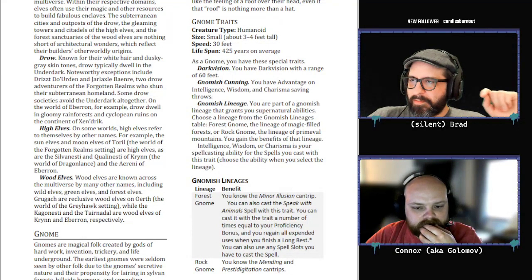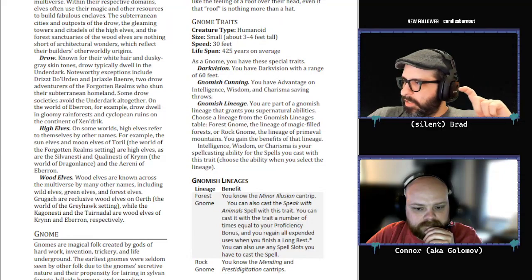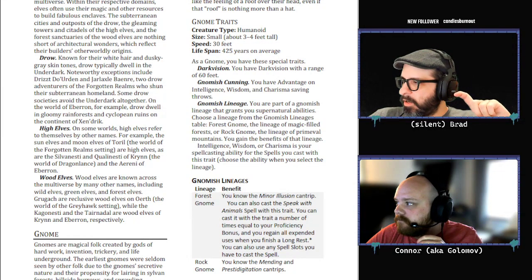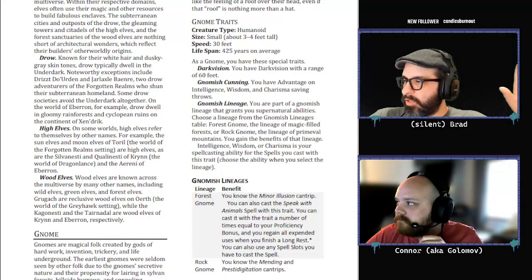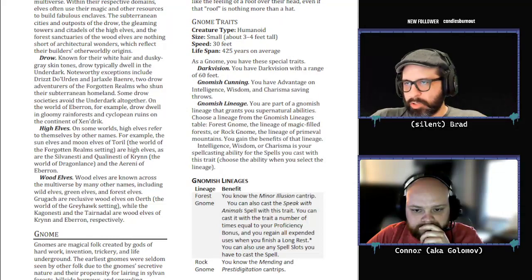Lifespan 425. Darkvision again. Gnomish Cunning, so this is changed. It used to say you have advantage on all Int, Wis, and Charisma saving throws against magic, and now it is just Int, Wis, and Charisma saving throws.